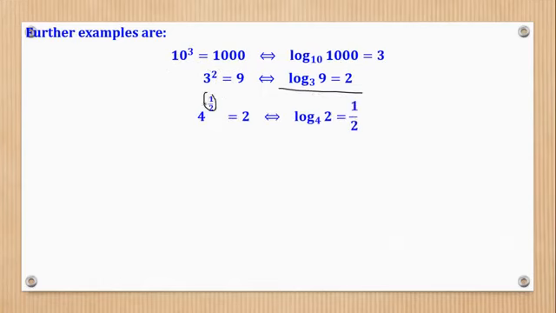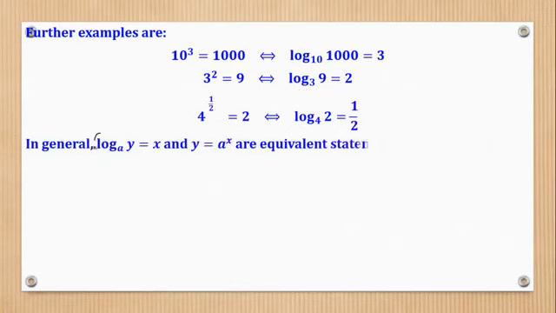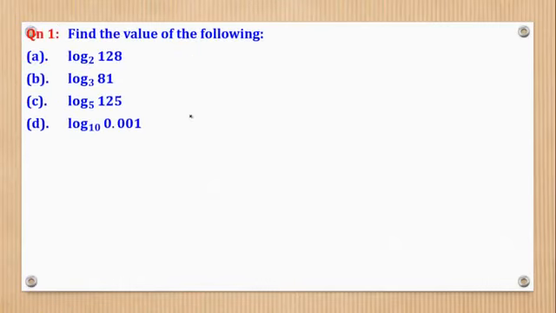This means that a half is equal to the logarithm of 2 in base 4. So in general, these are equivalent statements. Now if the introduction has confused you, don't worry. Just concentrate on this question and you'll be able to master what I've been trying to say.